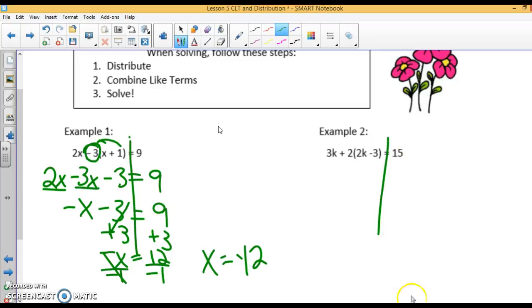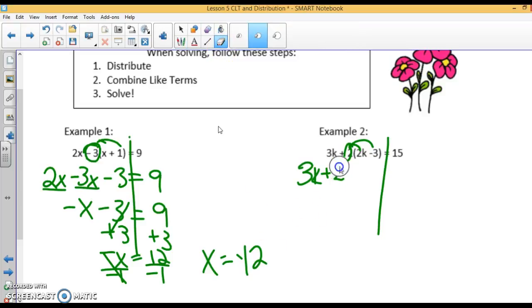For my second example over here, we're going to do the same thing. Just split it up. I want to distribute first. Take my 2, distribute it inside. I'll leave my 3k here. So I have 2 times 2k, which will give me 4k. Then 2 times negative 3, which will give me negative 6, equals 15.